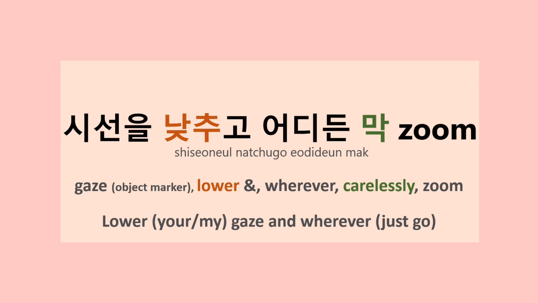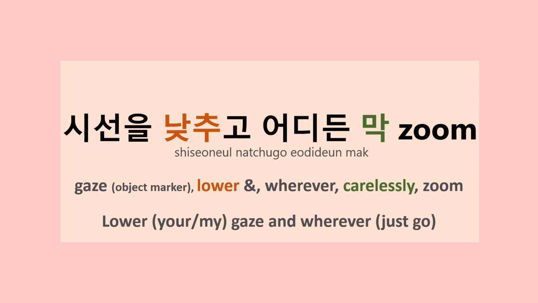It's adding two sentences together. So 시선을 낮추고, lower your or my or our gaze. 어디든, wherever. 막 means without thinking, so carelessly. Zoom. Or you could just think of it as like, just go. Just don't think about it. Just zoom. Just go.